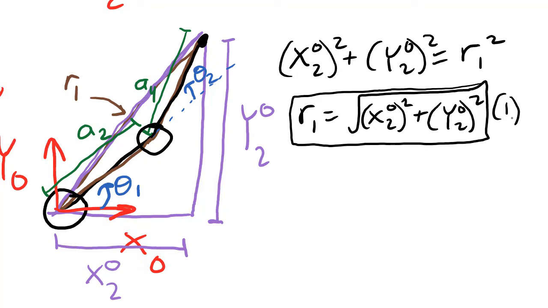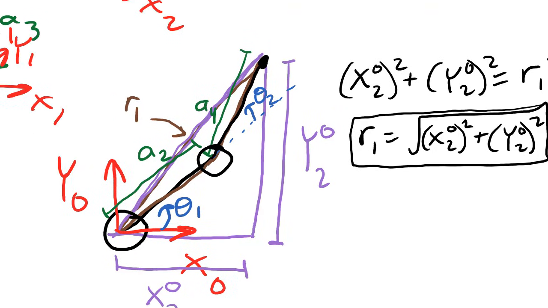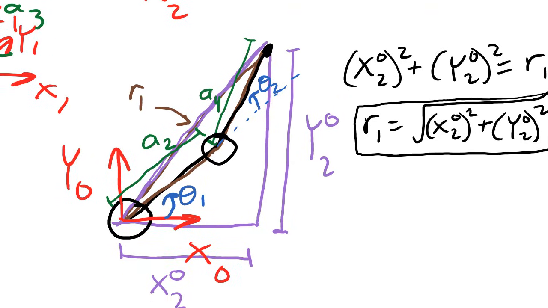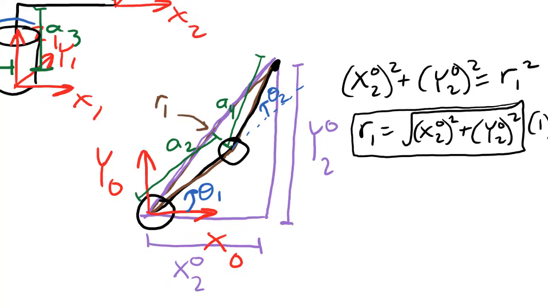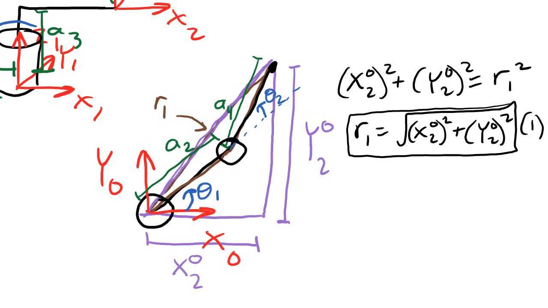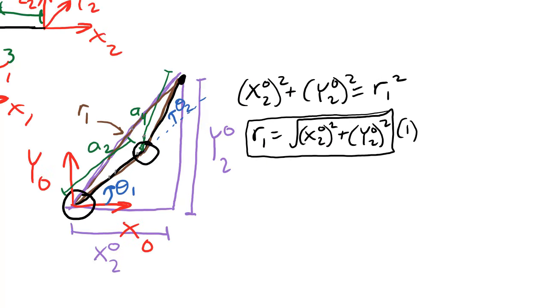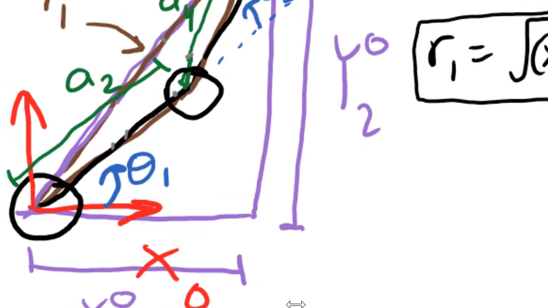Now that I know the value of R1, let's look back at the brown triangle, the one that is not a right triangle. In that triangle, I know the lengths of all three sides, and because of that, I can use the law of cosines to find the values of angles. In order to make use of the law of cosines, I need to label a couple new angles.